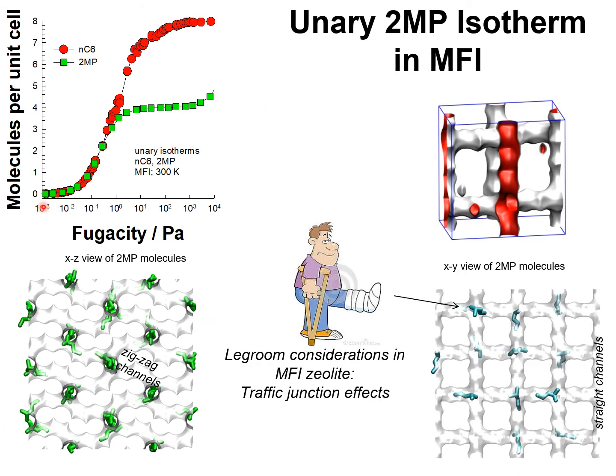Monte Carlo simulations of the unary isotherm for 2-methylpentane in MFI zeolite are shown here. In contrast to normal hexane, a maximum of only 4 molecules per unit cell can be accommodated within the MFI framework at post-saturation conditions.